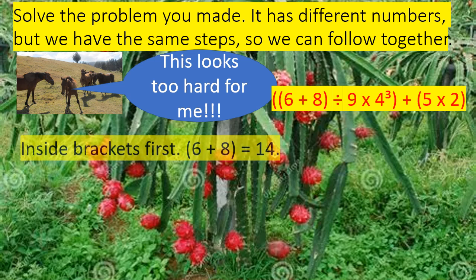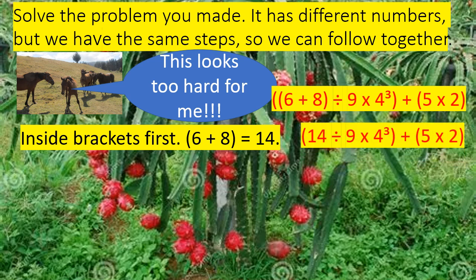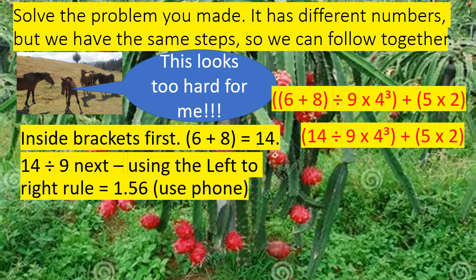Okay, step 1. You do the inside brackets first. 6 plus 8 equals 14. So now it looks like bracket 14 divided by 9 times 4 cubed, close bracket, plus 5 times 2 in brackets. Okay, next step. 14 divided by 9 next.